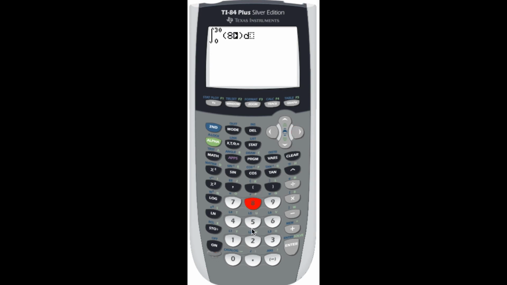For us, it was 82 plus 4 sine of t, but on the calculator it will be x, divided by 2. And then you have to tell the calculator what to solve for. Here it's x. And press enter. And you get 2,474.